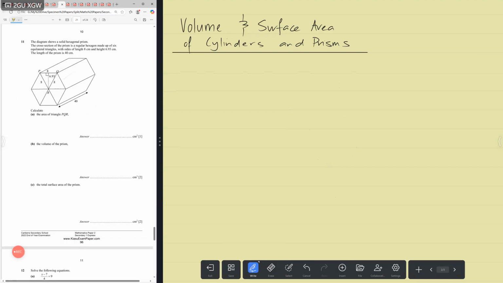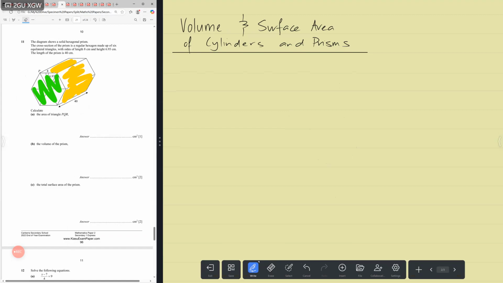Okay, so these are the areas that you need. 1, 2, 3. These are what you can see, and then at the back on the left hand side another 3, including the bottom side. Okay, so there are basically 6 rectangles and then 2 of these hexagons.